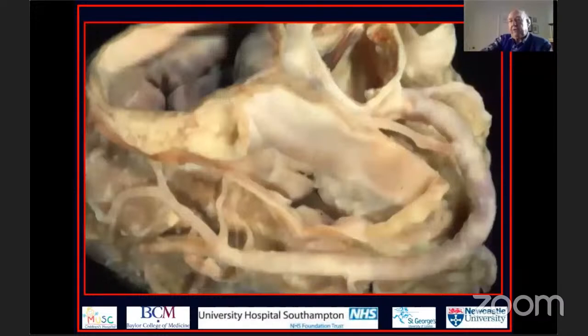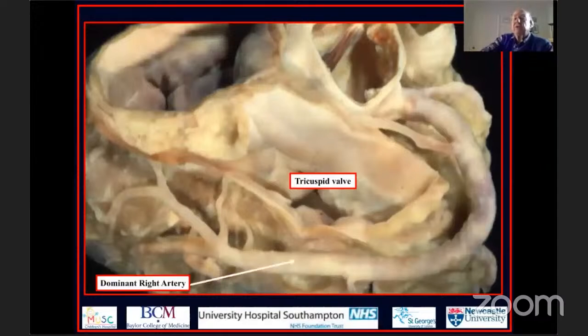The other key component of the right atrioventricular junction, I've already emphasized, is the right coronary artery. And in 9/10 of individuals, the right coronary artery is dominant, as you see in this dissection. When the right coronary artery is dominant, it encircles the anterosuperior and the inferior leaflets of the tricuspid valve. And then it gives off two key arteries.